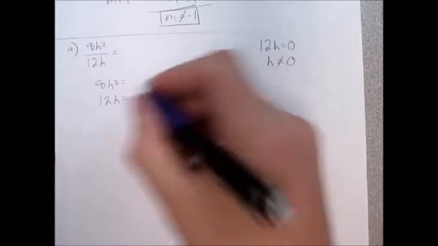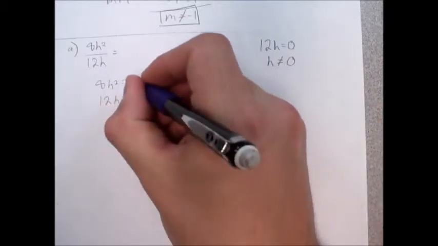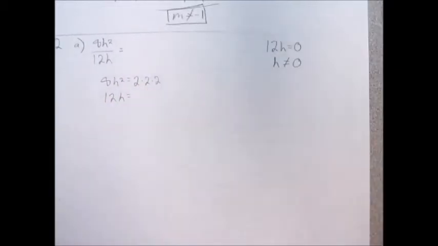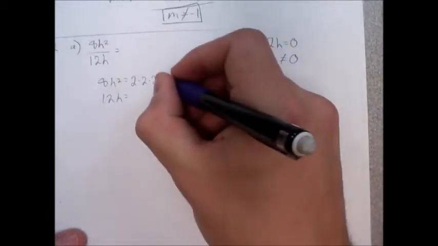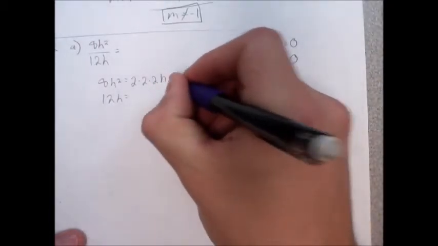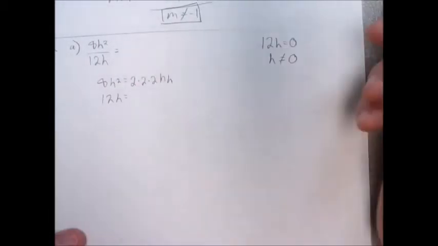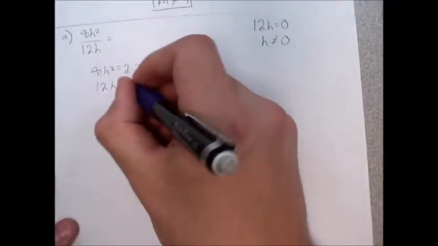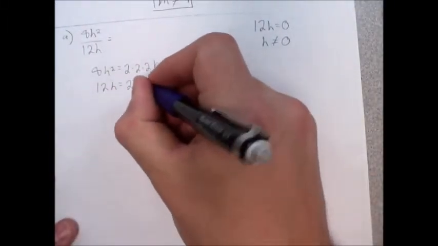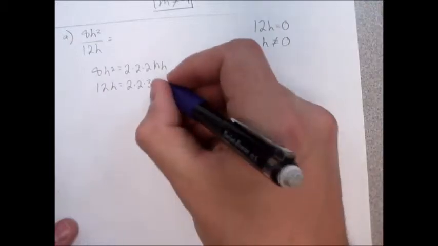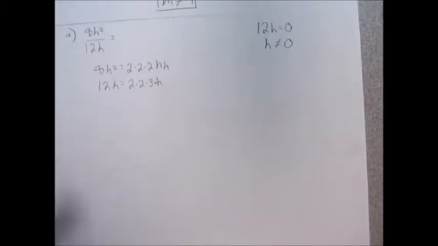So what is the prime factorization of 8? 2 times 2 times 2. Prime factorization of h squared is just h times h. Prime factorization of 12 is 2 times 2 times 3. And we just rewrite that h because there's nothing to do with it.